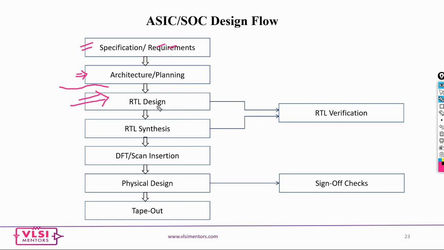Once RTL design is done, we keep doing RTL verification in parallel. The next step is RTL synthesis. Remember, we talked about technology and everything, right? Till here, it is all generic.